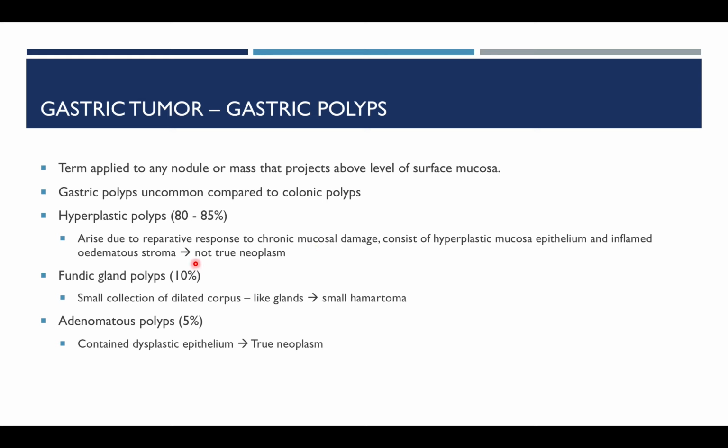This is not a true neoplasm because it is just hyperplastic tissue. The next most common gastric polyp is the fundic gland polyp, which is basically a small collection of dilated glands, and this is a small hamartoma. The last is the adenomatous polyp, which contains dysplastic epithelium, and this is the only true neoplasm among the gastric polyps.